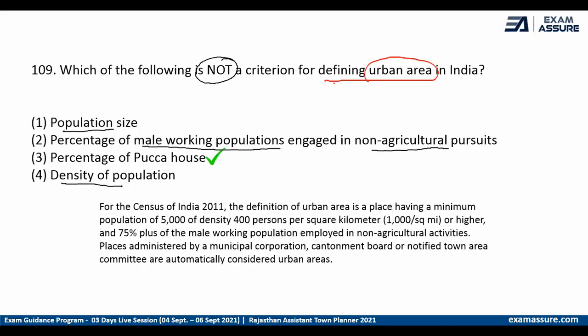The definition says the population should be greater than 5,000, density should be more than 400 persons per square kilometer, and more than 75% of the male population should be in non-agricultural activities. There's nothing to do with a pucca house, so that is our answer, the 'not' option. Now let's move to the next one.